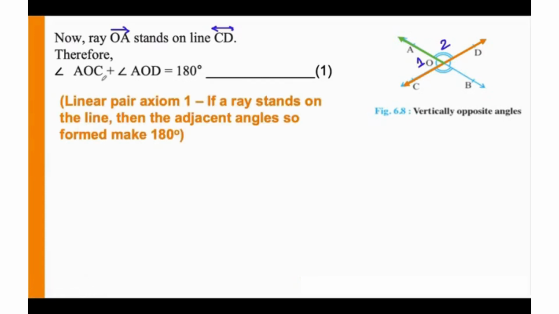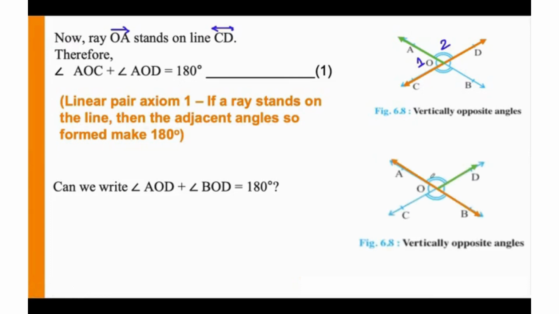Yes, because according to linear pair axiom 1, if a ray stands on a line, then the adjacent angles so formed make 180 degrees. So using this axiom as our reasoning, we put this statement as our result 1. Now, can we write that angle AOD plus angle BOD is equal to 180 degrees?